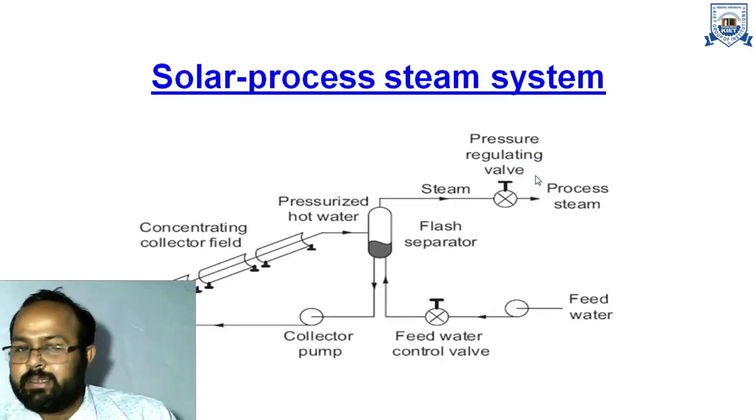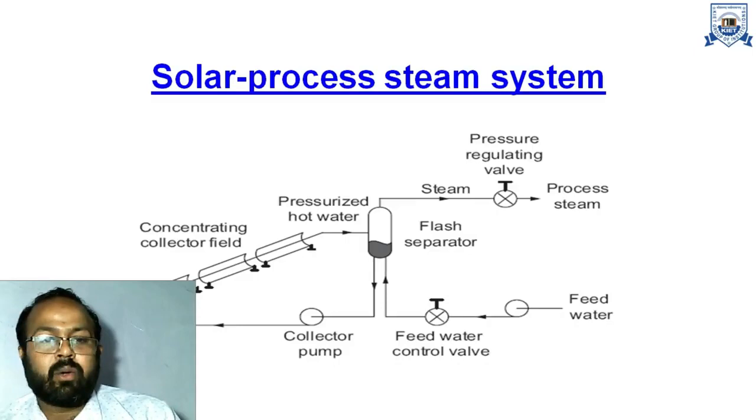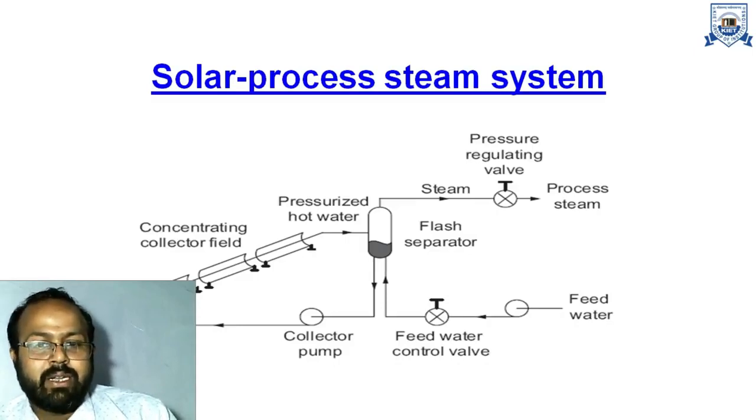This is the solar process steam system. In this we use solar trough collectors. The solar trough collectors are two-axis systems, and they track according to the sun's direction. In this system the focal line is at the mid end, and this focal line is the receiver end.